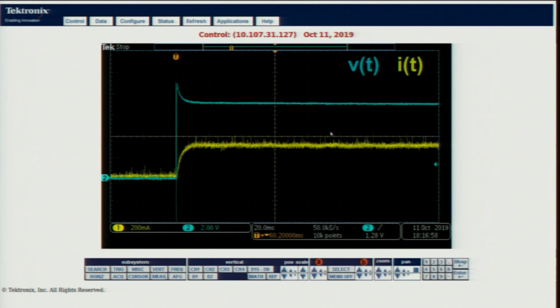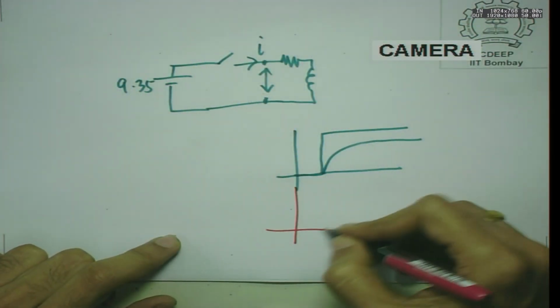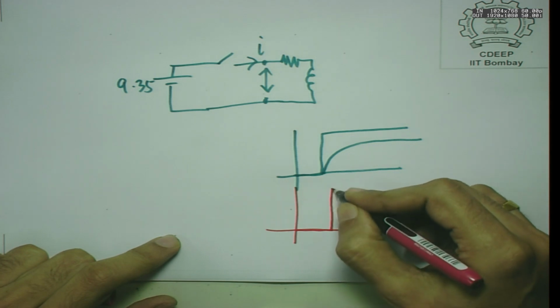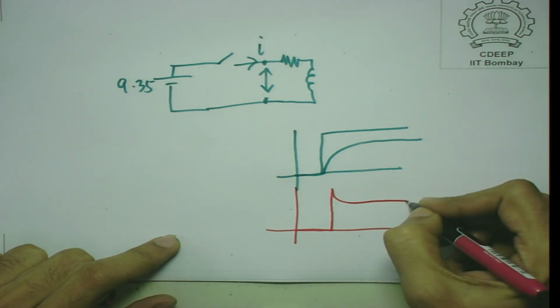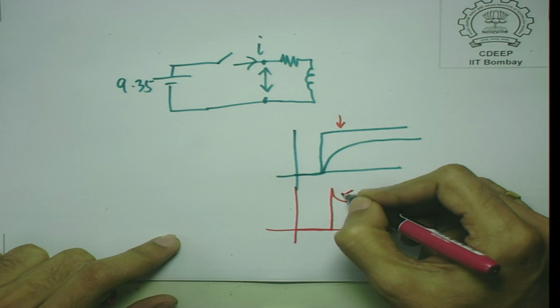If you run the mouse over this, the voltage is 9.35 to begin with, but it drops down a bit. What we expect was this, and what we get is this.